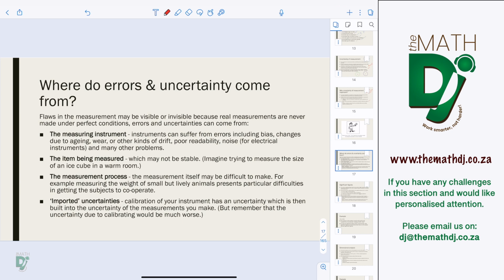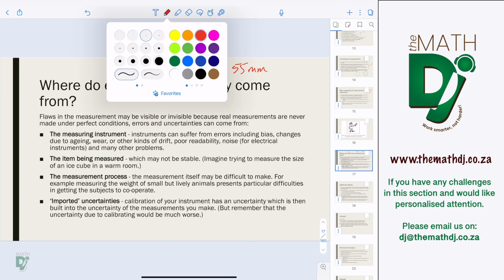Maybe it adds 5 millimeters in each measurement. So maybe you are measuring something that is 50 millimeters, and instead of giving you 50, it gives you 55 millimeters. With several parts, each part that you are measuring, you are adding 5 millimeters, so it can compound.